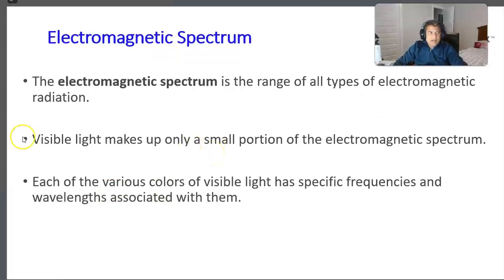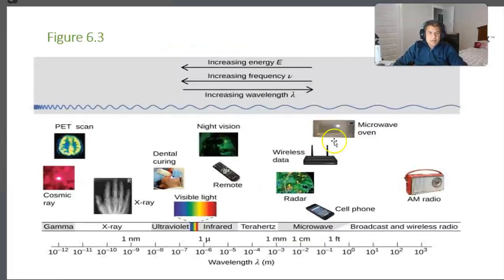Okay, now let's see what they are. In the electromagnetic spectrum, first of all, let's start from the broadband wireless radio waves, which have the longest wavelength.